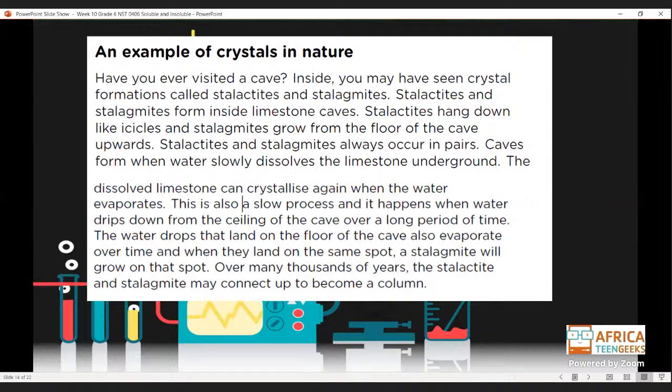There are a lot of caves you can visit in South Africa. Obviously, the most popular one is the Kango Caves. However, I'm sure there are far more. Now, when you walk inside a cave, I'm sure there's a virtual tour. Maybe you can Google it and do a virtual tour of a cave online.